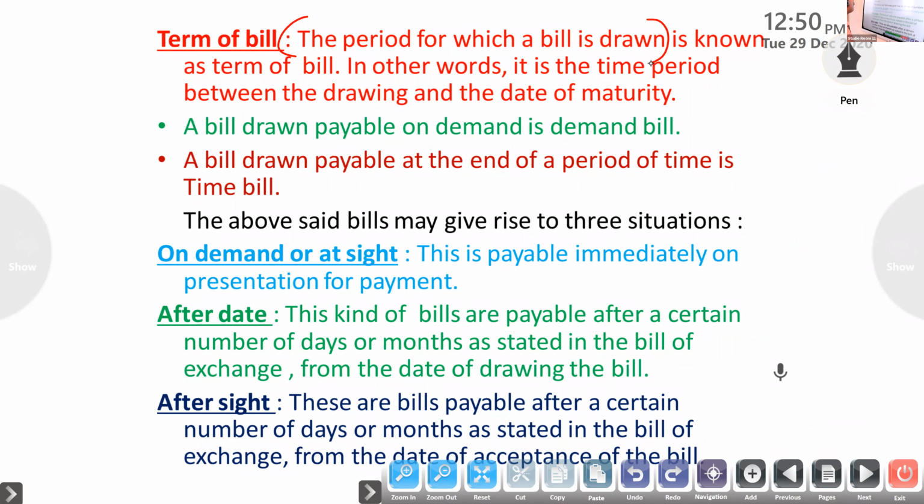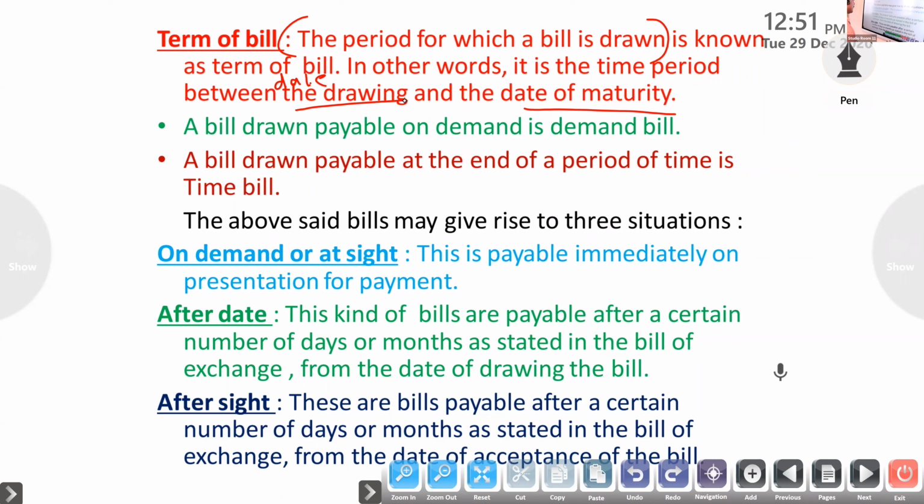Means the time period between the date of drawing and the date of maturity. That is called term of bill.